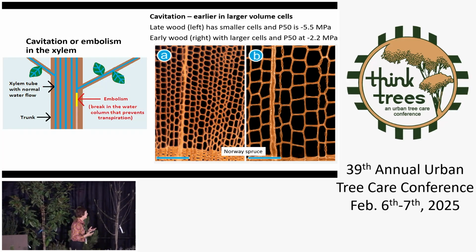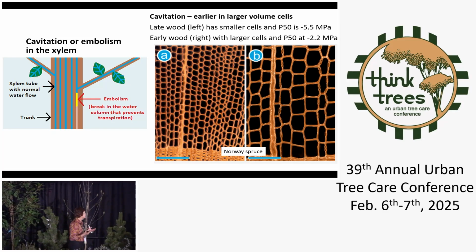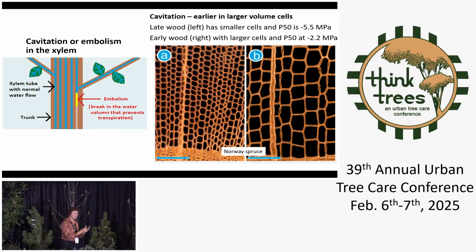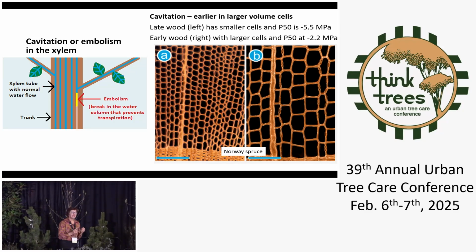And what people have found is that it is an advantage to have those smaller column sizes, even though you can only move less water, a little bit slower through. But these smaller, thinner column diameters, the smaller diameter of those tracheids, they actually are more cavitation resistant.